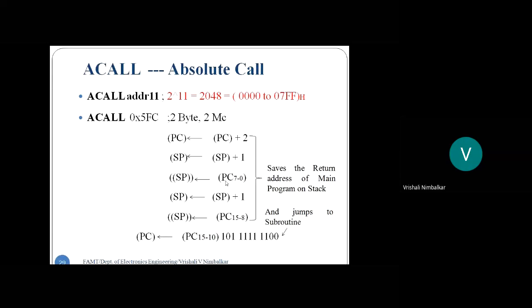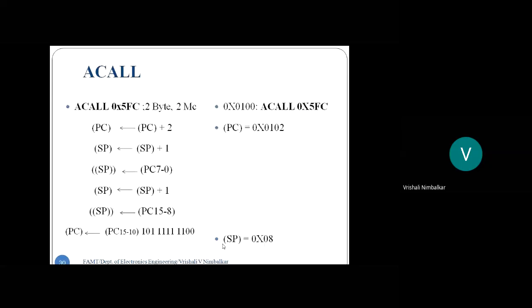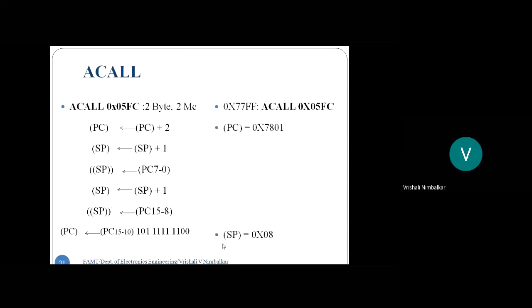Now the address is 16-bit, the stack is 8-bit, so 8 bits will be saved at a time. So increment the stack, save the lower address, then again increment the stack, save the higher address, and then the program counter gets loaded with the subroutine address. How is that subroutine address generated? The 11-bit address comes from the instruction and the upper 5 bits remain the same. Okay, students, so we saw this was the absolute call instruction.